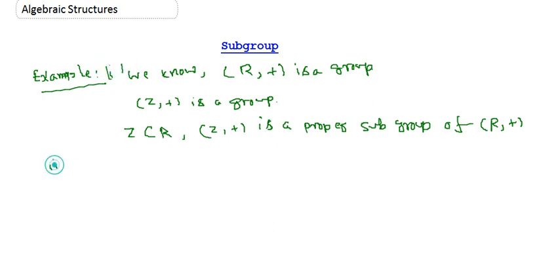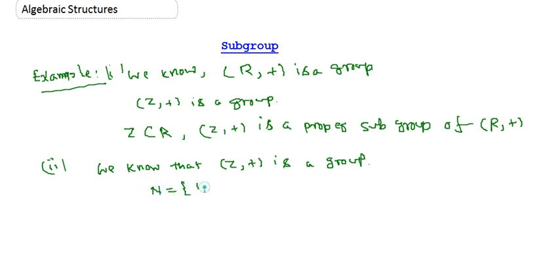The next example will give a subset that is not a subgroup. We know that Z is the set of integers, and Z plus is a group. We also know N, the set of all natural numbers: 1, 2, 3 in this way.